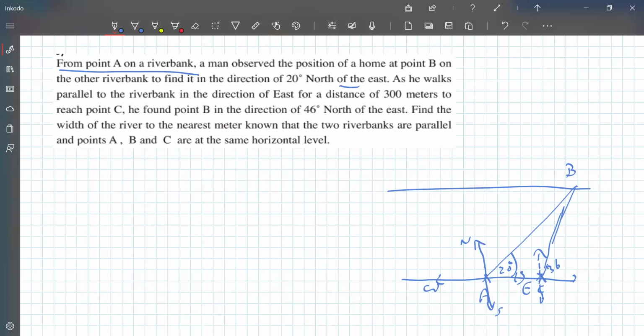And the distance AC that the man walked is 300 meters. Find the width of the river.